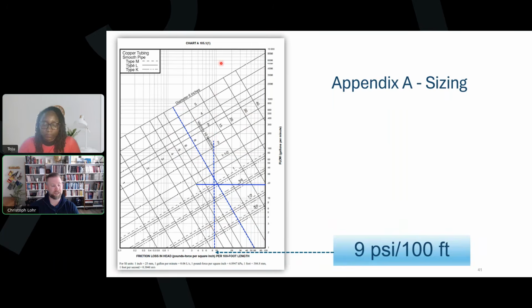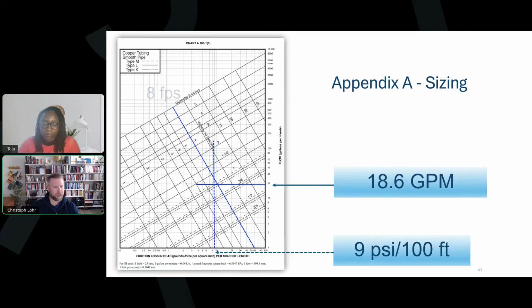It cuts all the way up to like a 6-inch line. But even with that PSI per 100 lineal feet going vertically there, you want to make sure you stay in this lower region. So you want to always be below the velocity line, and then you always want to be to the left of the PSI per 100 lineal foot line in terms of whatever your pipe size selection is.